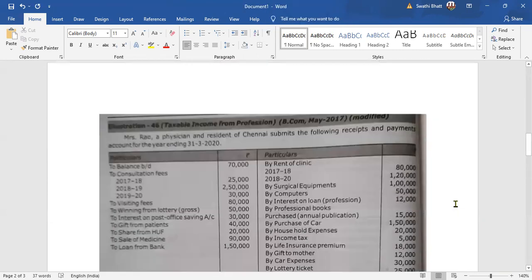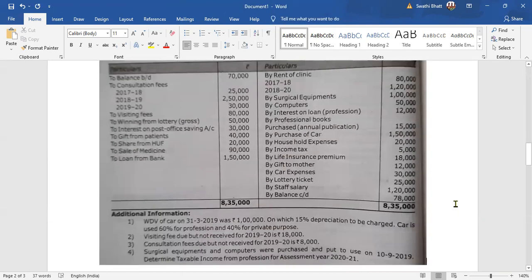The next item that we have over here is computers. Computers are also a capital asset, or capital expenditure. The amount that you have spent on purchasing the computer is also a capital expenditure. So please remember that in case of capital expenditure, we don't write the price of the asset.